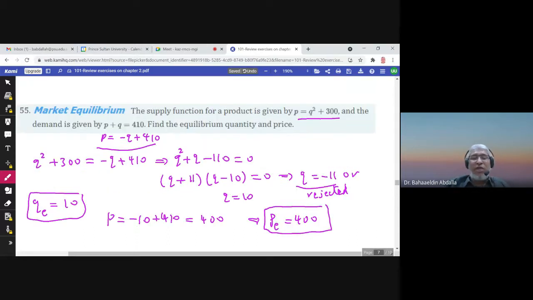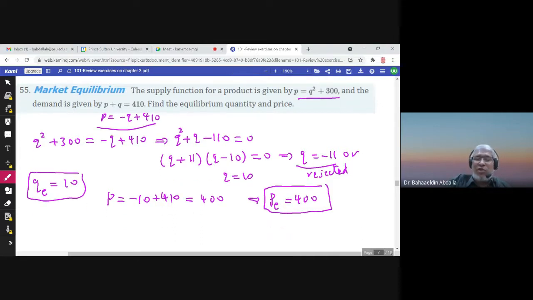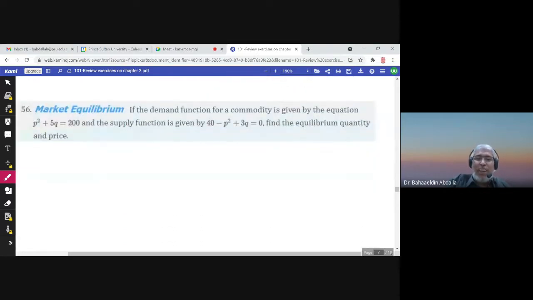If you put, for example, P = 400 and Q = 10, you get 410, so it satisfies the demand function. And for the supply, Q² is 100 plus 300 equals P, which is 400. So it also satisfies the supply function. This means our solution is correct.